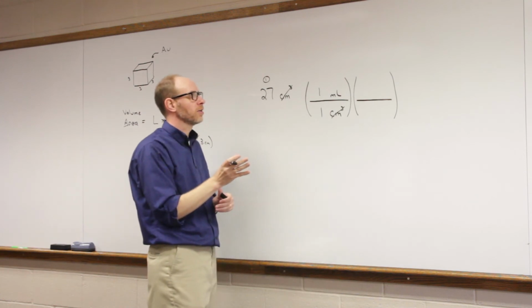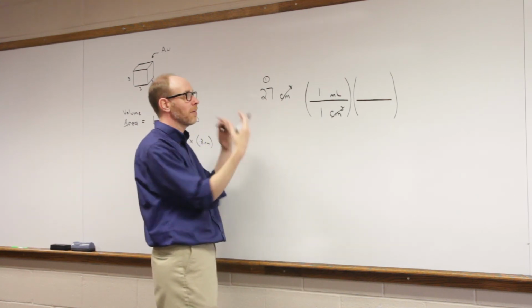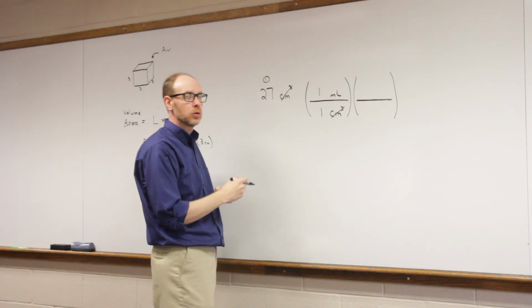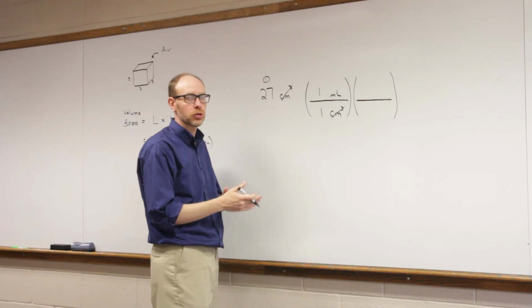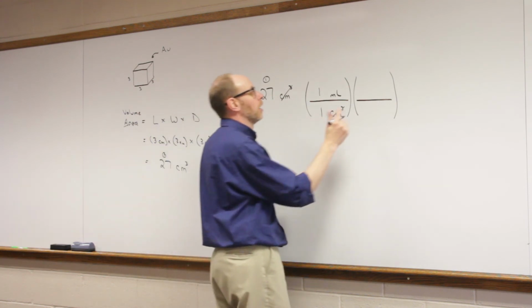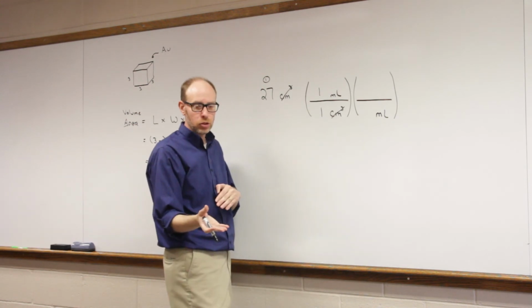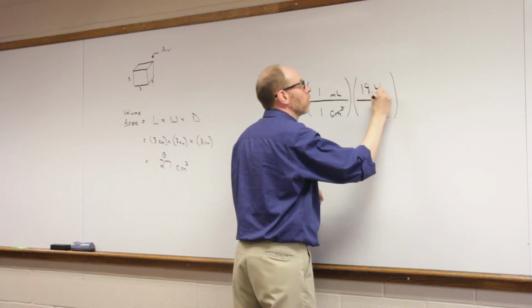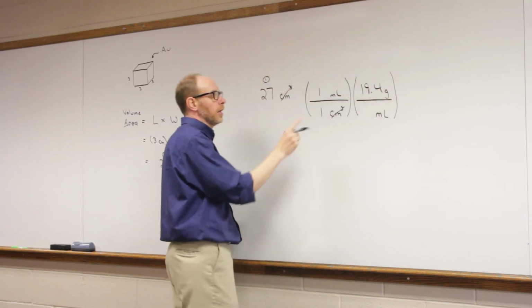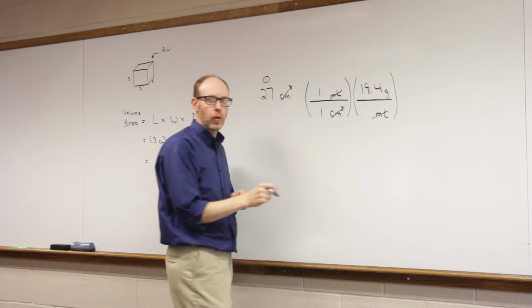Now the next step is, I've got milliliters. I want to determine how many grams of mass this particular cube would have. The problem told us that there are 19.4 grams of gold in a milliliter. So now the milliliters would cross out, and I'd be left with grams.